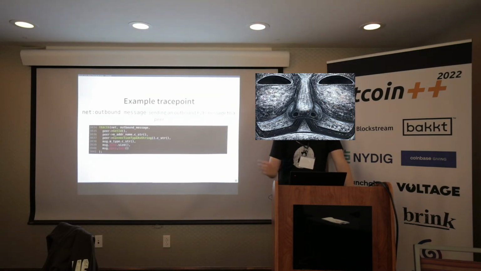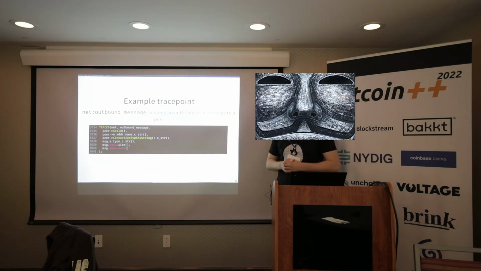This is an example of one of the trace points I used earlier in the demo. This is the net outbound message trace point. Each time we send an outbound message to another peer, this trace point is reached. And if you hook into it, something is passed to the kernel. Here the context is net, and the name is outbound message.